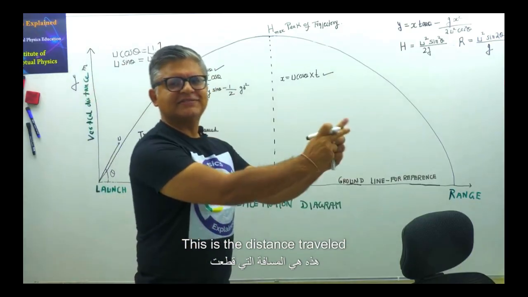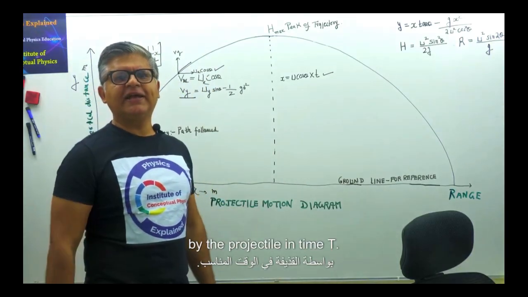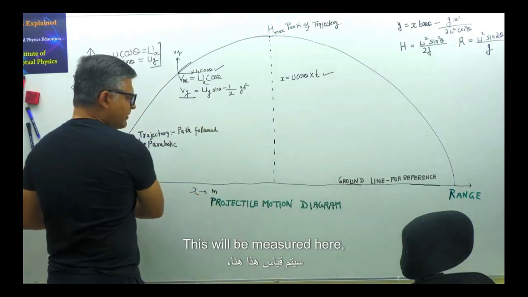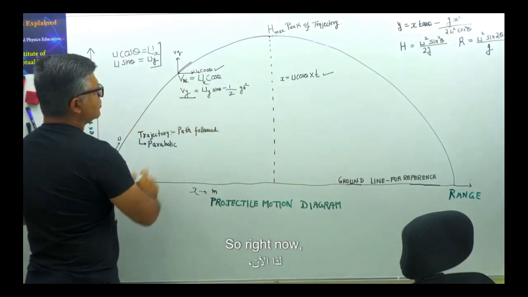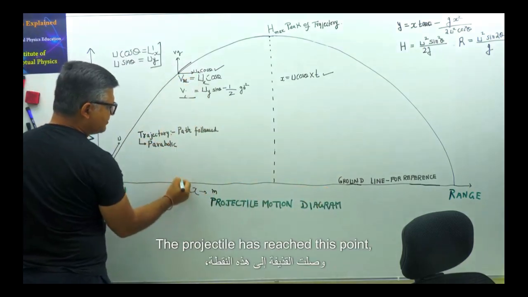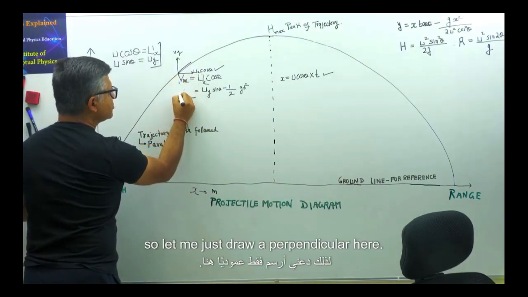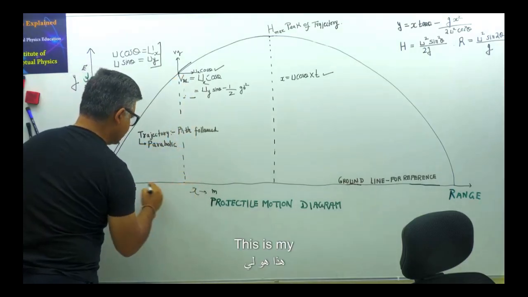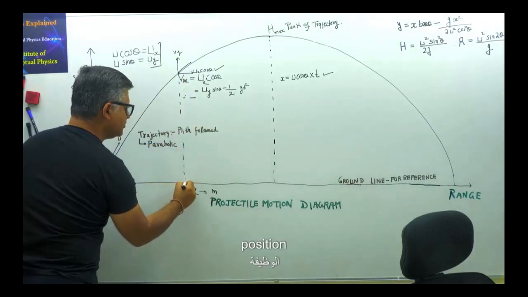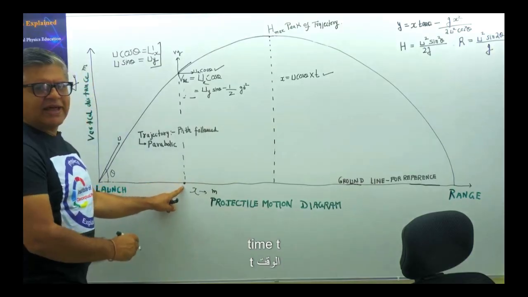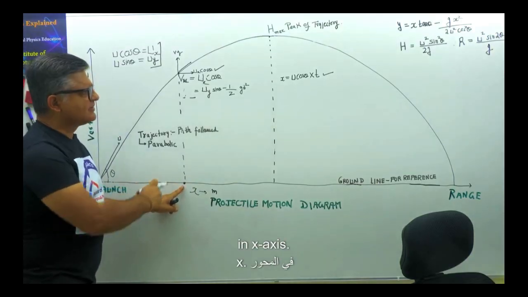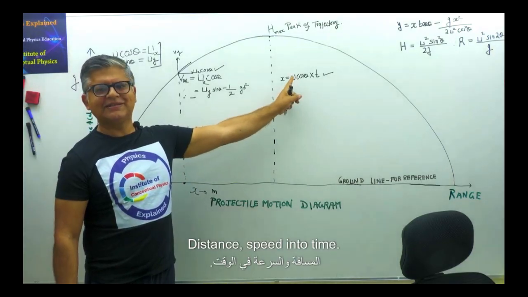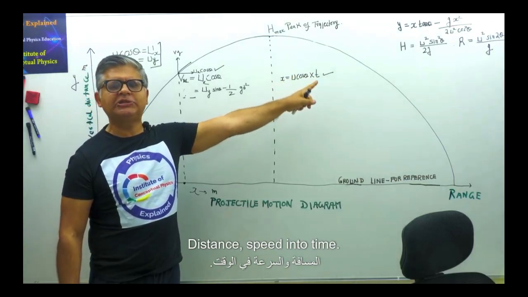This is the distance traveled by the projectile in time t. This will be measured here. Right now, the projectile has reached this point. Let me just draw a perpendicular here. This is the position of the projectile after time t in the x-axis. Distance is speed into time.